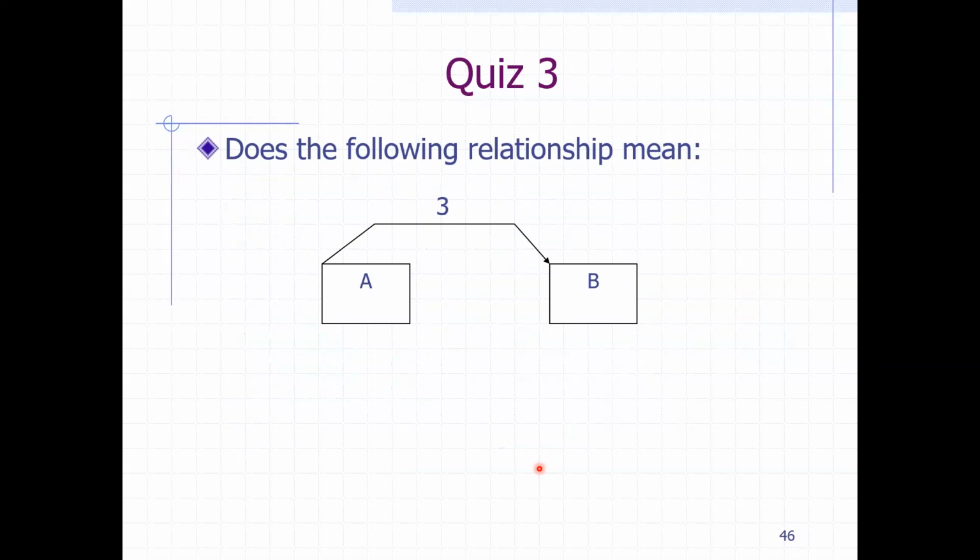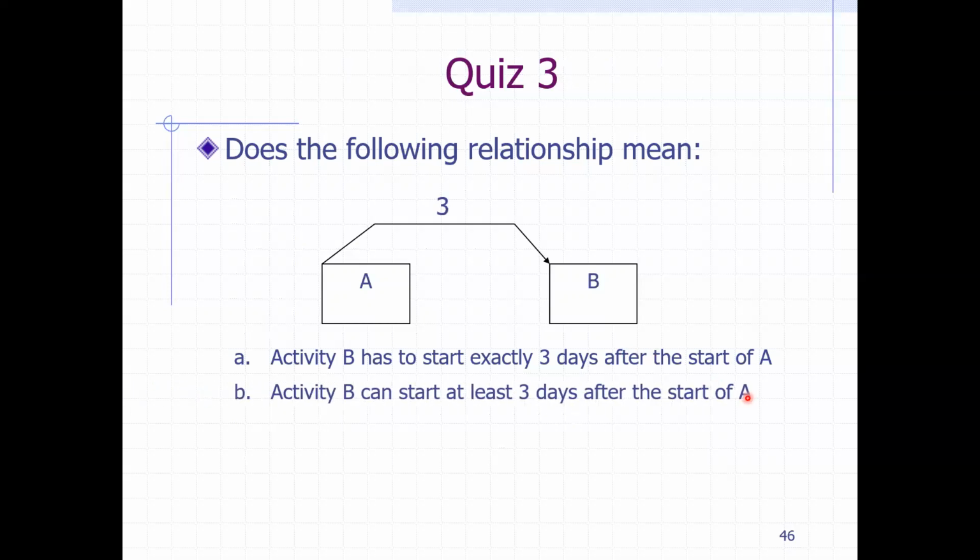What does the relationship mean to you here? Looking at it, we have activity A with a lag of 3, start to start with activity B. So what does it mean to you? Is it activity B has to start exactly 3 days after the start of A?